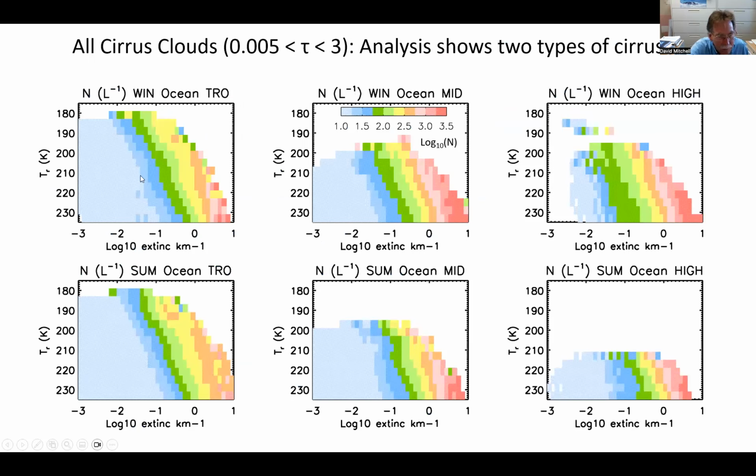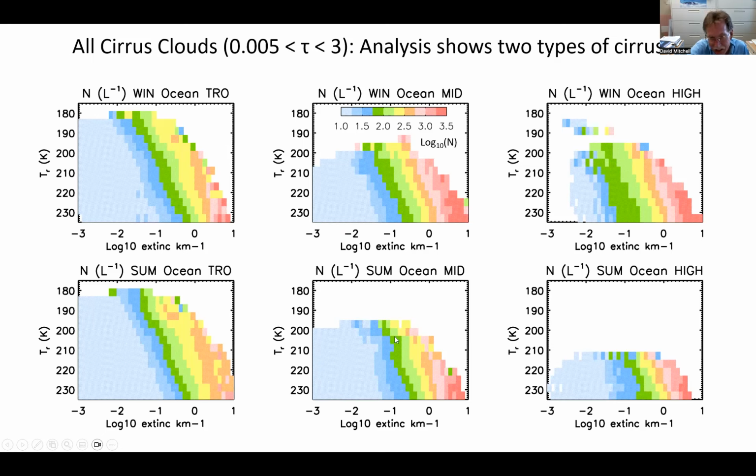So we plotted number concentration in temperature versus extinction space to investigate that. And you can see that these are different regions. So winter is WIN and summer is SUM. Ocean, mid is for mid latitudes, tropics on the left, and high latitudes on the right.